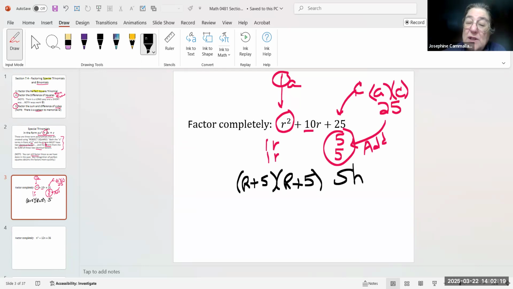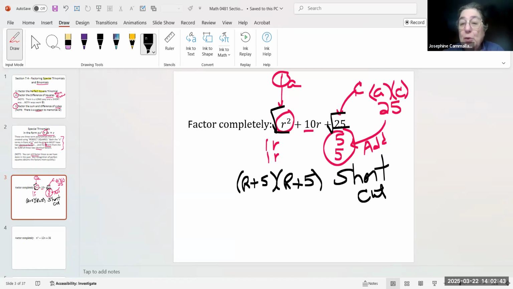This is the shortcut, but it only works if the first term and the last term can be squared. Remember, it says special trinomials, perfect squares.